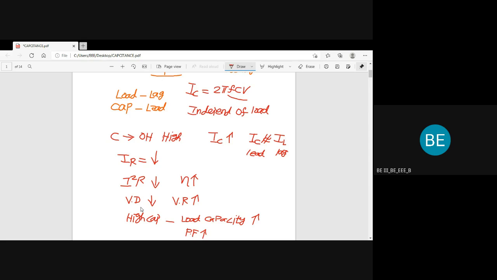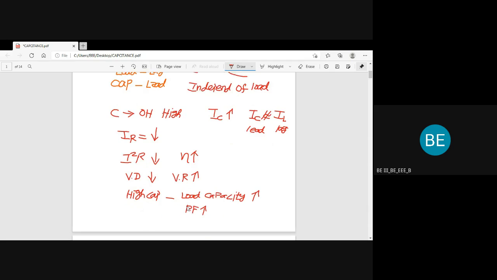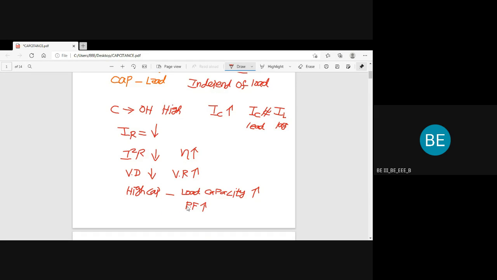Second, because of this capacitance, the voltage drop in the line will be reduced. That means we will have improvement in voltage regulation. If we have high capacitance, the advantages in the transmission line are that the loading capacity will be improved and the power factor will be improved.